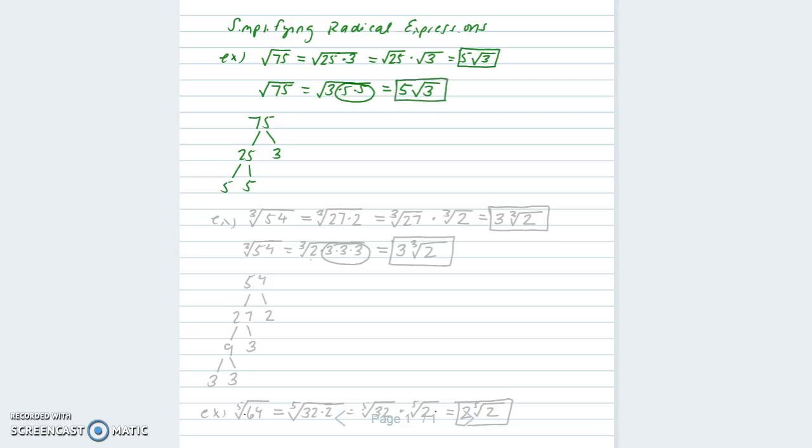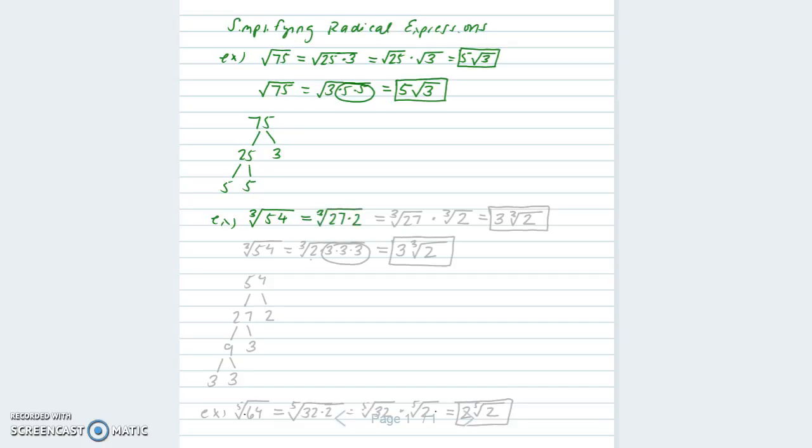So for our next example here, let's do the cube root of 54. And once again, I'm going to show both ways of doing this. So we want to find a perfect cube within 54. Well, that perfect cube happens to be 27. So we can rewrite 54 as 27 times 2.